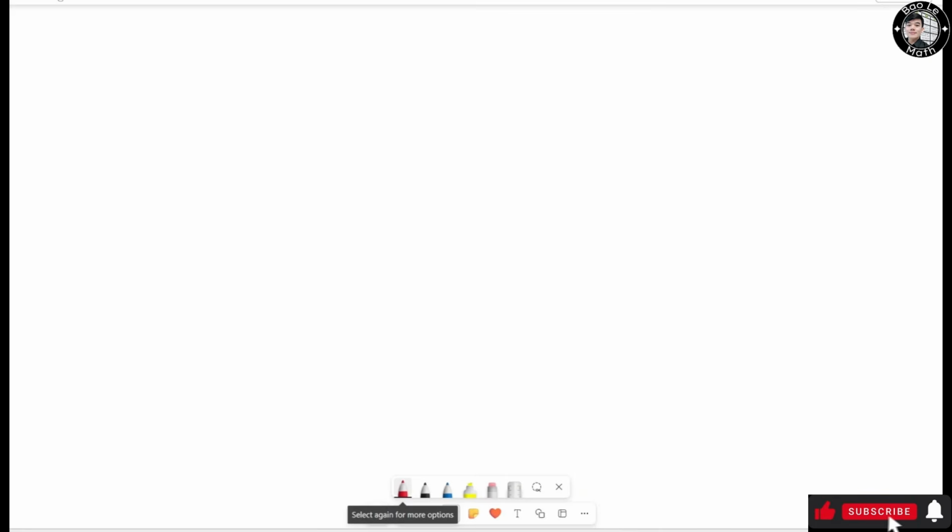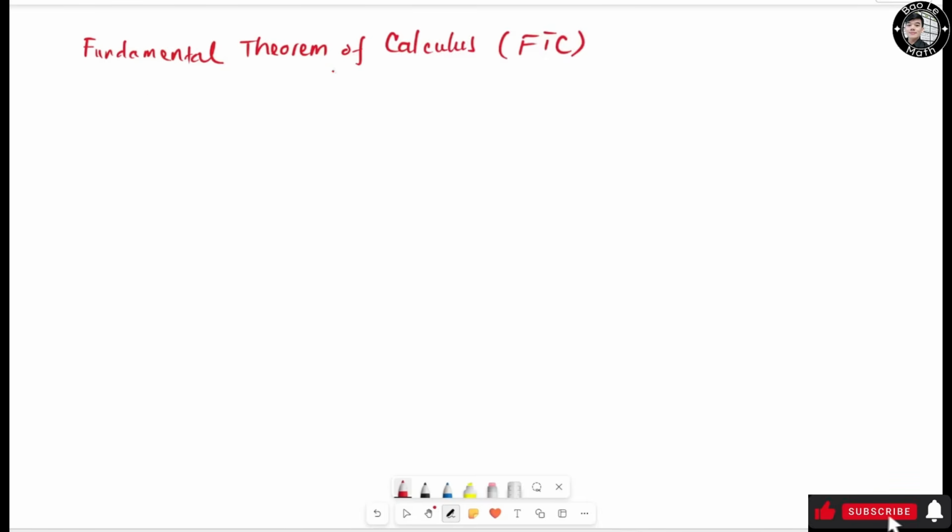Now you have the fundamental theorem of calculus. If you have the integral from a to b of f of s ds, it's going to be F of b minus F of a, where F is the antiderivative of this one. Keep that in mind.